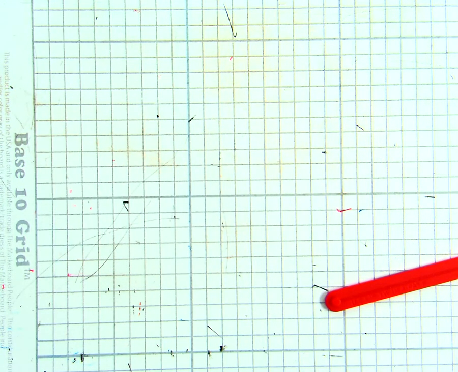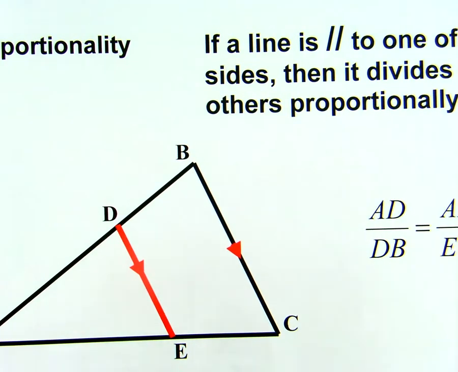That gives us the triangle proportionality theorem. We demonstrated it, we didn't prove it.